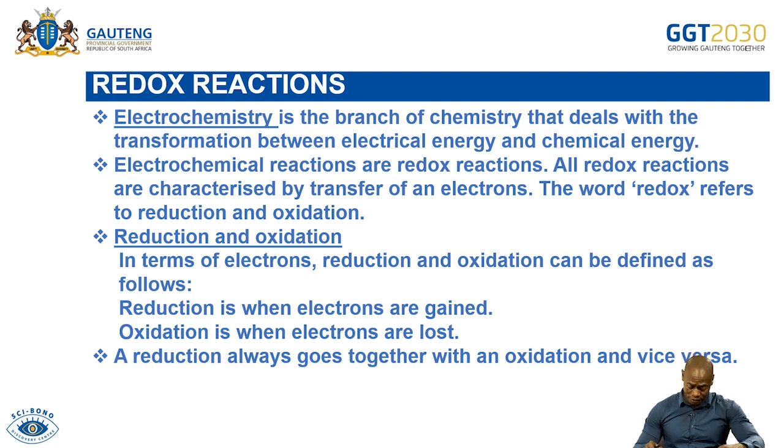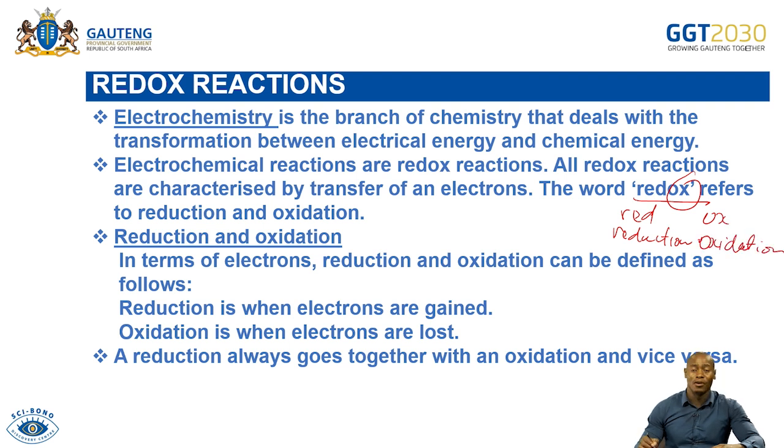Reduction and oxidation. In terms of electrons, reduction and oxidation can be defined as follows. We have defined a redox reaction as a reaction where there is transfer of electrons. Maybe just to explain to learners, where is this redox name coming from? Redox, RED stands for reduction, and then OX stands for oxidation.